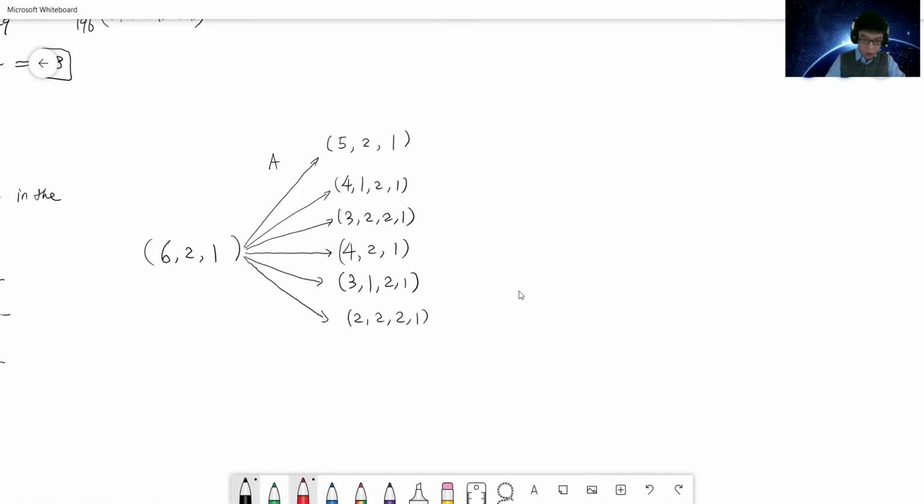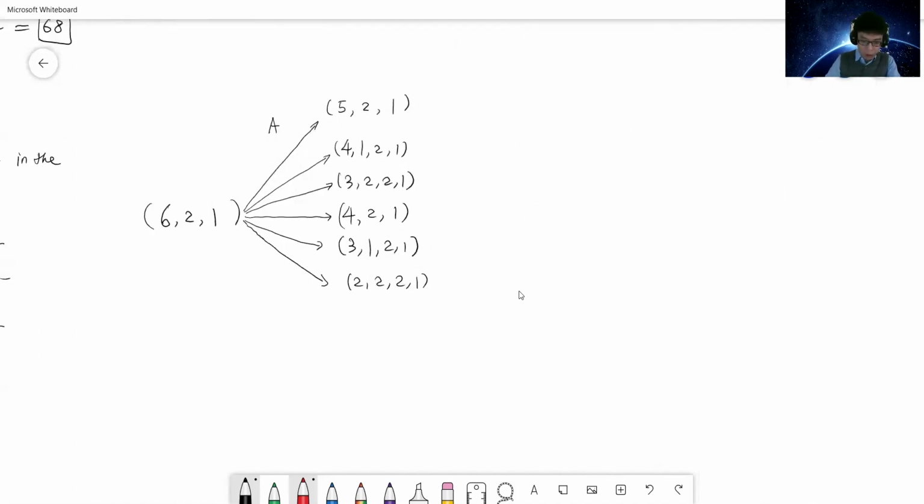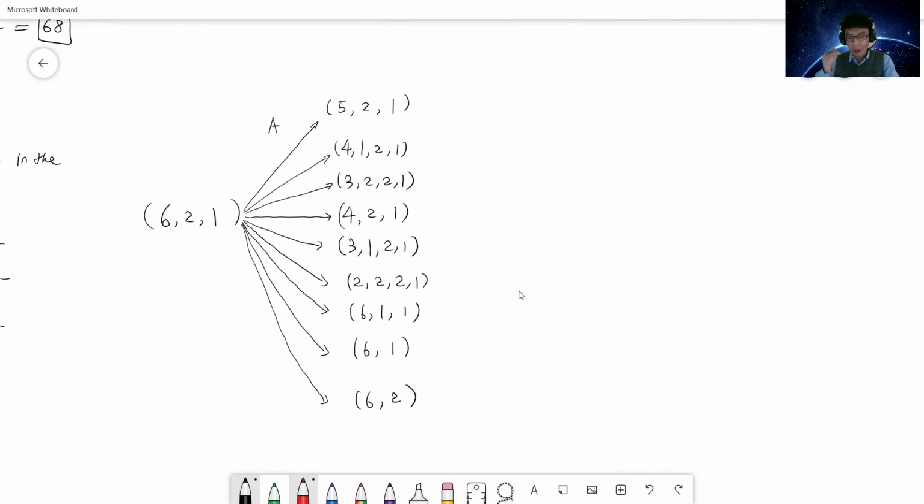So these are cases where Arjun removed 2 bricks from 6. And Arjun can also remove 1 brick from 2. That's 6-1-1. Arjun can also remove 2 bricks from 2, so it becomes 6-1. Arjun can remove 1 brick from 1, so it's 6-2. So these are all the cases Arjun can produce.